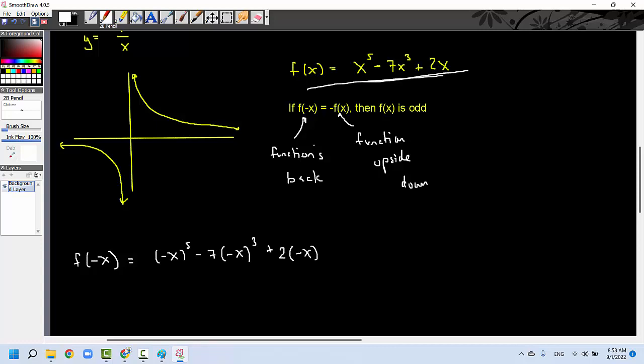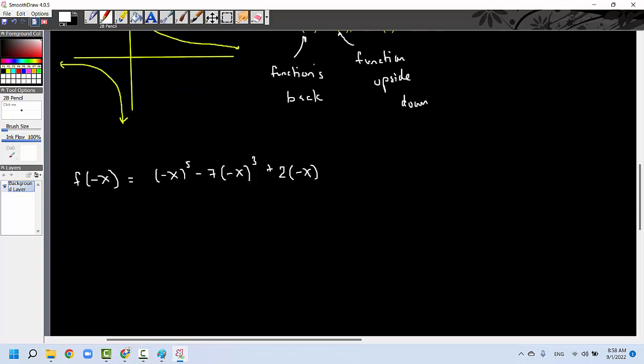Luckily, all the exponents here are odd, which means the negatives will actually survive the algebraic manipulation. I'm going to have negative x to the fifth, negative is going to become positive 7x to the third, and then minus 2x.